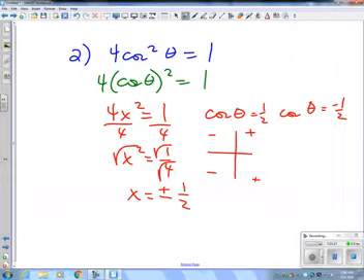The half ones are on the thirds. So I have pi over 3, 2 pi over 3, 4 pi over 3, and 5 pi over 3, because those are the ones that have either a positive or a negative cosine of 1/2.